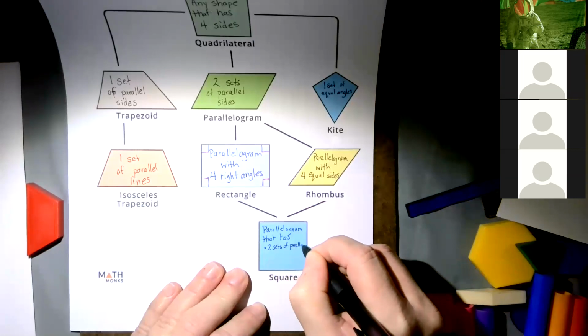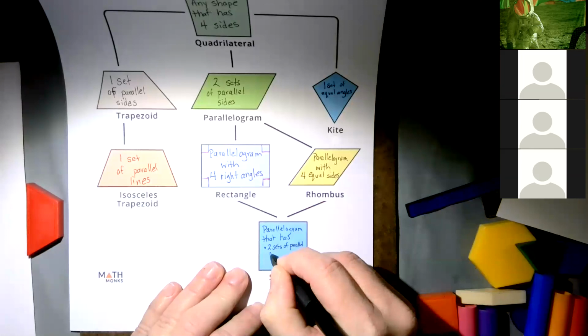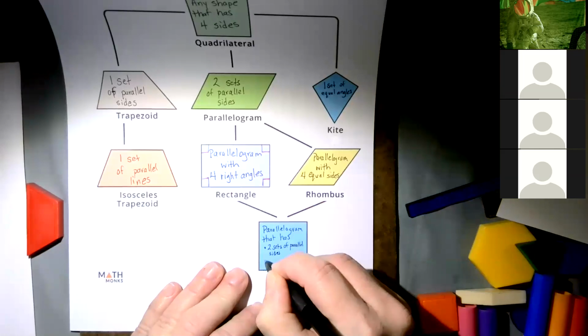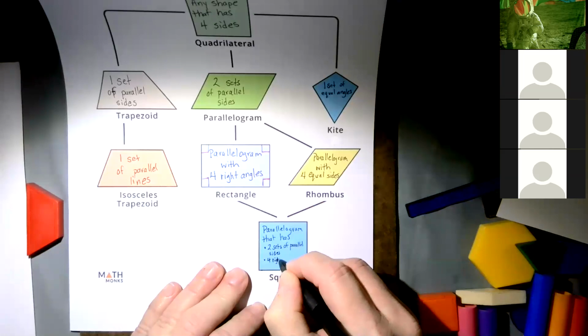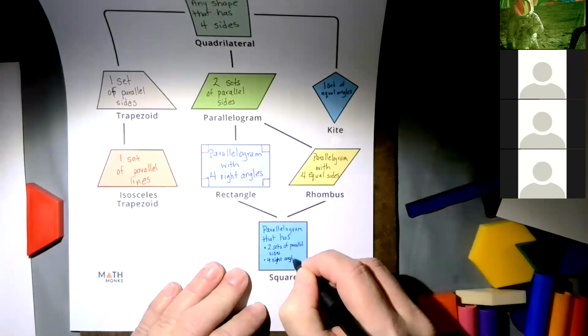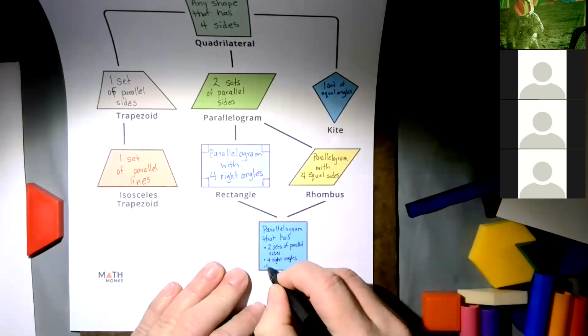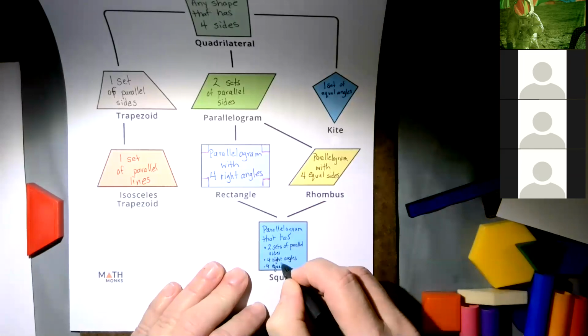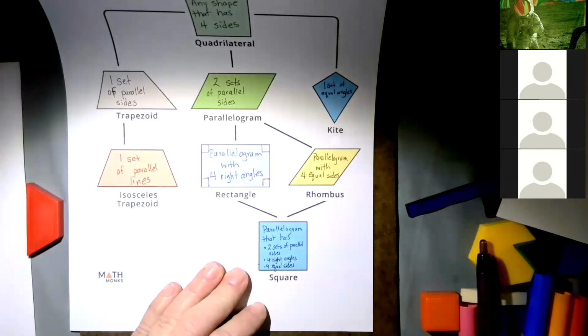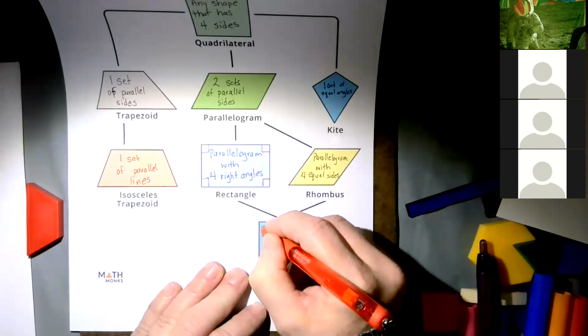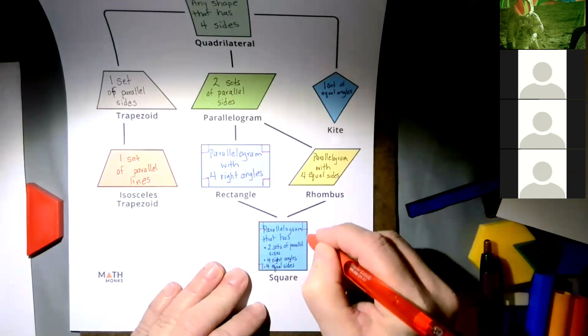Then I look at this one, 4 right angles and 4 equal sides. Let me get my red pen and I do this because it is right angles in all of them.